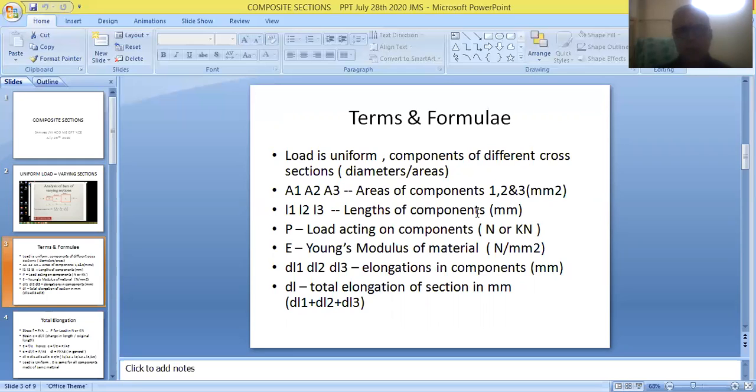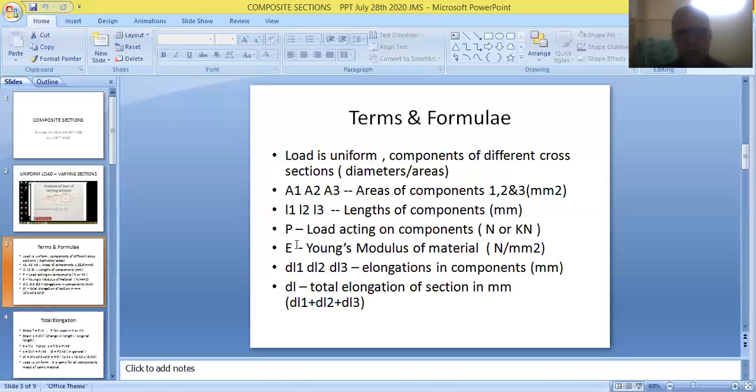So friends, all the areas are expressed in millimeter square. Secondly, L1, L2, L3 are the lengths of the components, expressed in millimeters. And capital P, as I've already told you, is the load acting on components, to be taken only in newtons. It should not be taken in terms of kilonewtons. Better to express load values only in newtons.